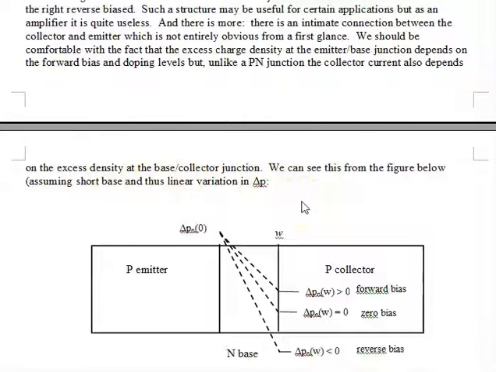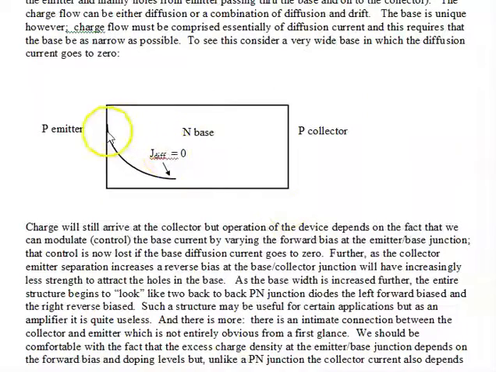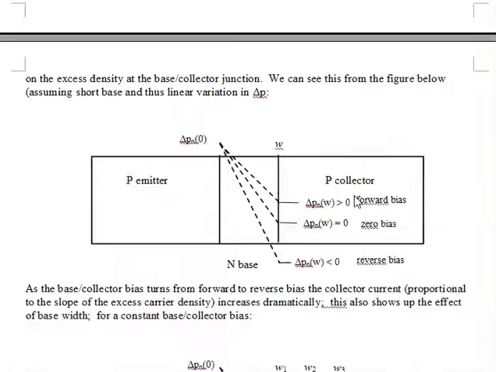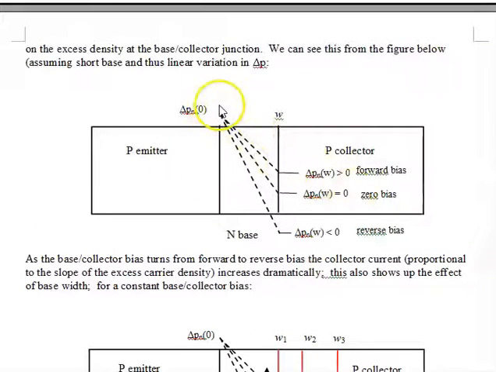And now let's look at the situation where I don't have a small recombination time. I have an infinite recombination time, and therefore I have straight lines. And this cartoon shows these straight lines as a function of the bias at the base collector junction. This would be equilibrium, where at the junction itself, the excess charge goes to zero.